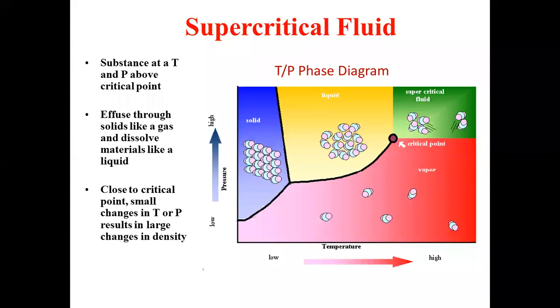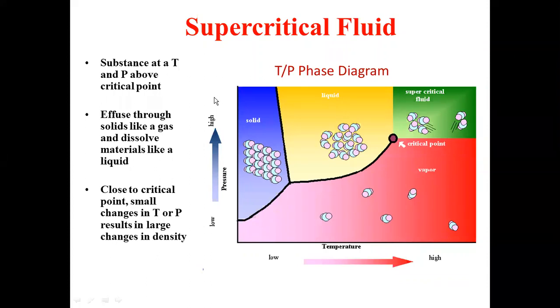That is called the critical temperature. The pressure raised in order to convert the liquid to vapor is called vapor pressure, and the critical pressure will be beyond the vapor pressure. So this temperature and pressure are very important in converting matter into a supercritical fluid.